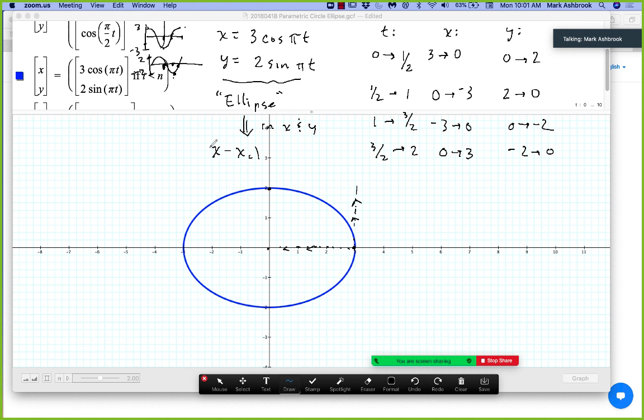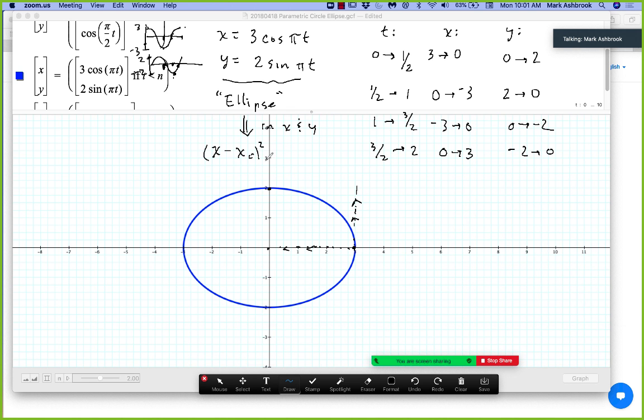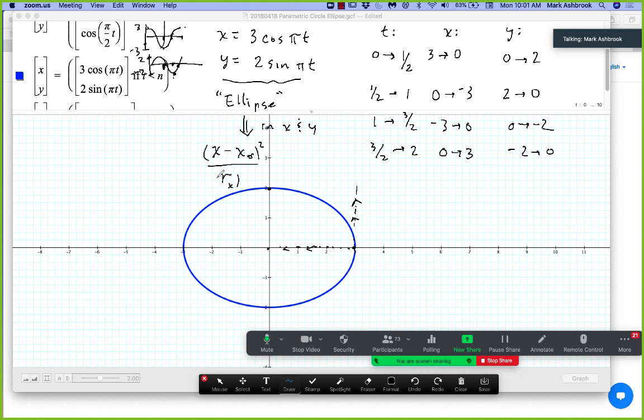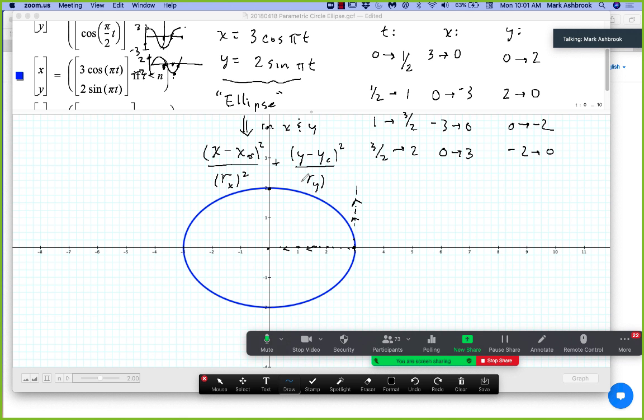So if it has a center other than the origin, it would be like x minus x center squared over the x radius squared, plus y minus y center squared over the y radius squared, equals 1.